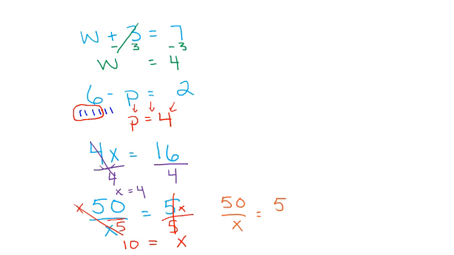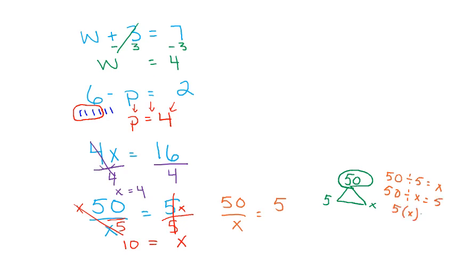So remember that division and multiplication, if there are two factors at the bottom, so the 5 and the we don't know, we can think about 50 divided by 5 is x, or 50 divided by x equals 5, or 5 times x equals 50, because multiplication and division facts are related like that, right?